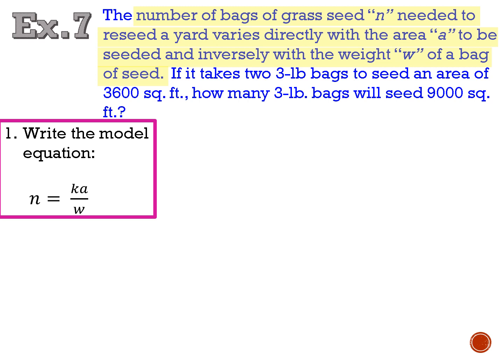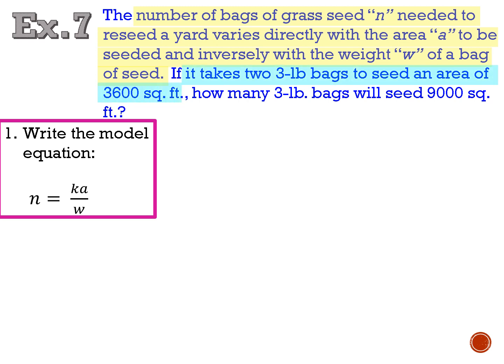But, okay, so we go to the next step. It takes 2 3-pound bags, area 3,600 square feet. So it takes 2 bags. N is the number of bags. 3 pounds, that's the weight of your bag, so that's going to be in the denominator for W. And area, that's A, 3,600 square feet.